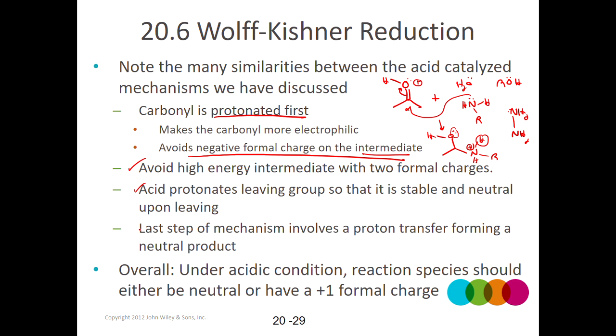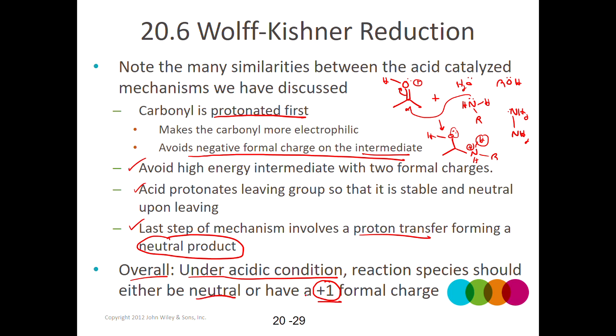And then generally, the last step usually involves a proton transfer of some kind that produces a neutral product. Another great general rule here is if you are under acidic conditions, if you see in the reaction that there's H plus or H3O plus or some strong acid used as a catalyst, or if you put that acid in there to help the reaction work, you should only have intermediates that are either neutral or positive.